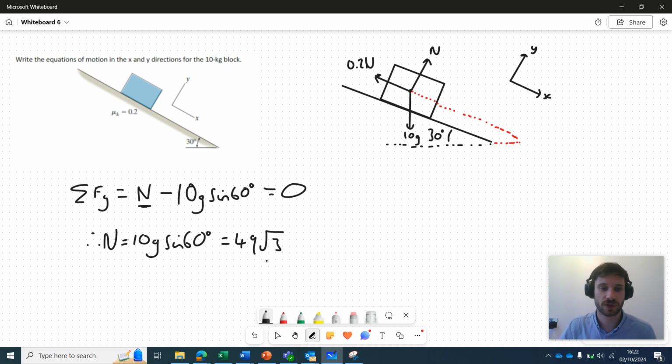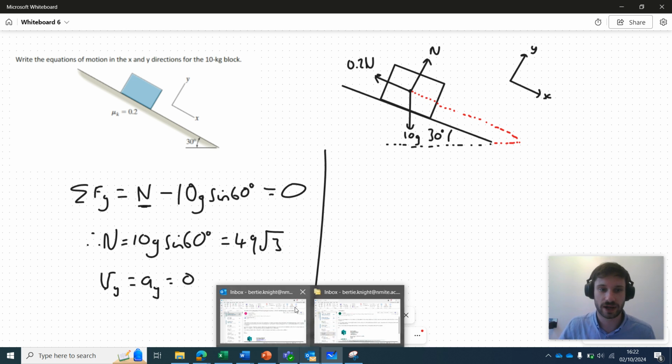Okay, so we found the value for N. What can we say about its motion in the y direction? Well, we can say, for example, velocity in the y direction is equal to acceleration in the y direction, which is equal to 0. It's not moving up or down in the y direction, is what we're describing there.